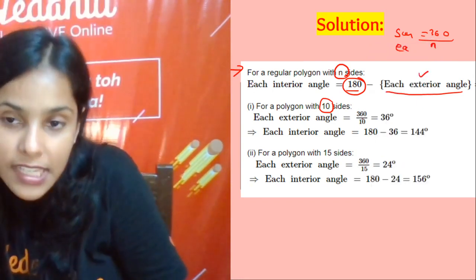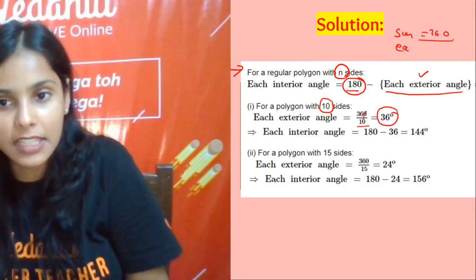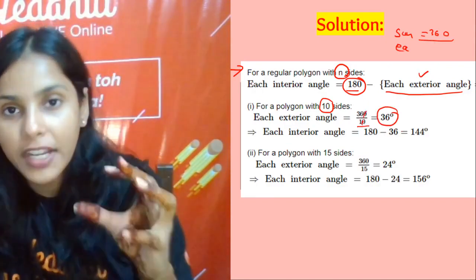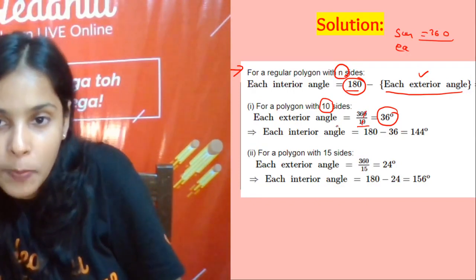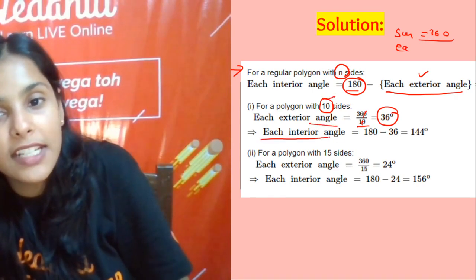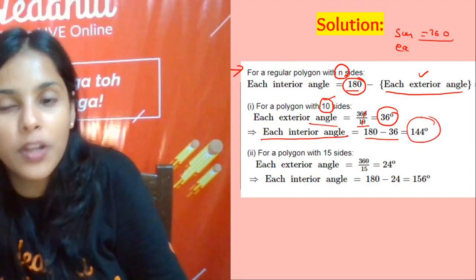So 360 degrees upon 10 is equal to 36. I hope it is clear. Now you have found each exterior angle of a polygon having 10 sides. Now can you find each interior angle? Yes. 180 degrees minus 36, that is 144.